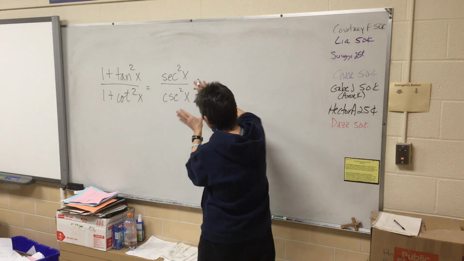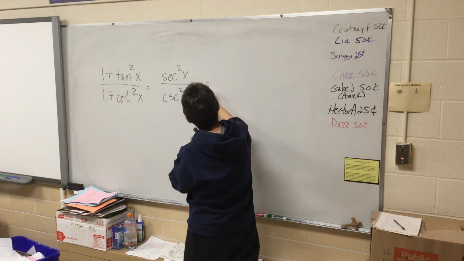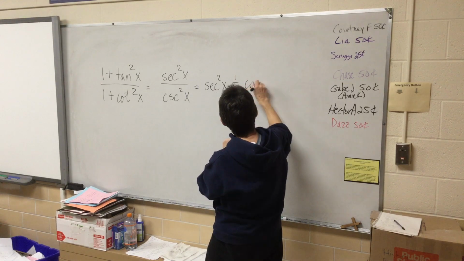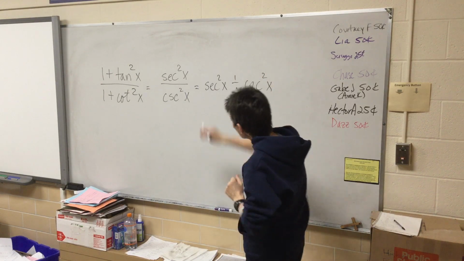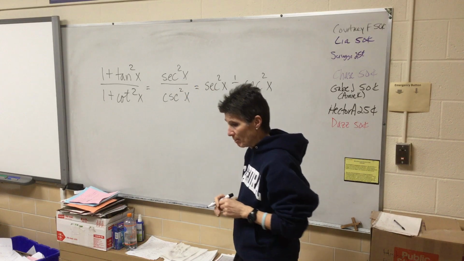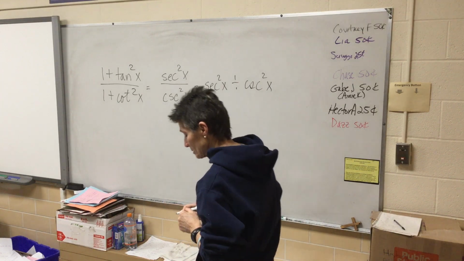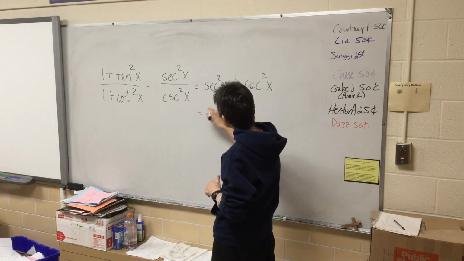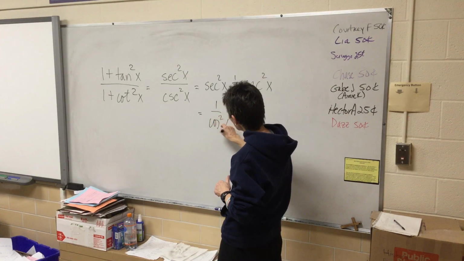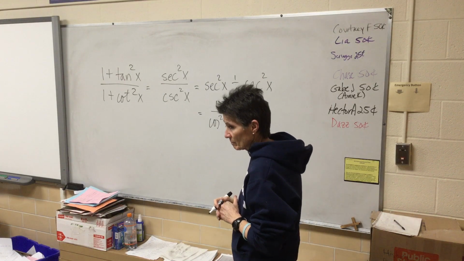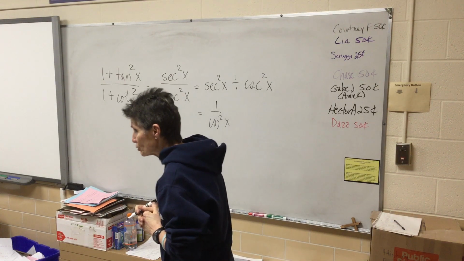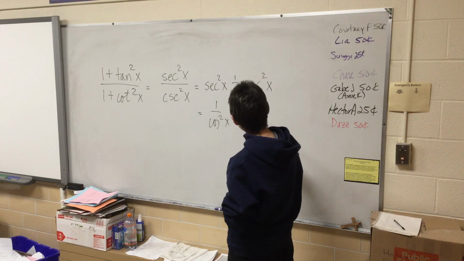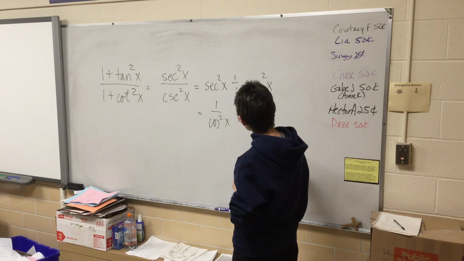Now, this means secant squared divided by cosecant squared. That's what this means. That's a division problem. Secant squared is 1 over cosine squared. That's again from your sheet, hopefully from your memory. Divided by 1 over sine squared.